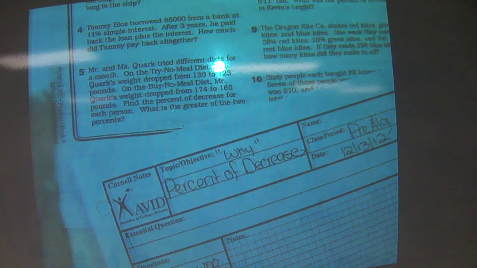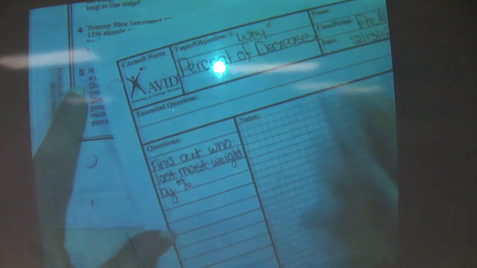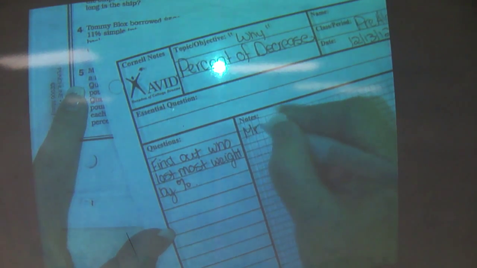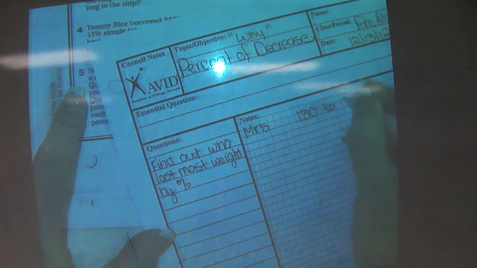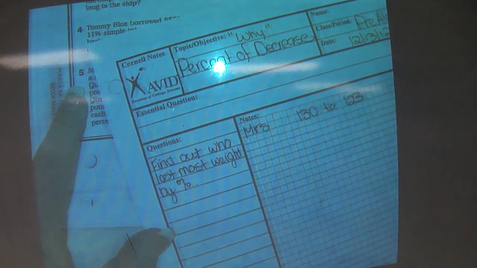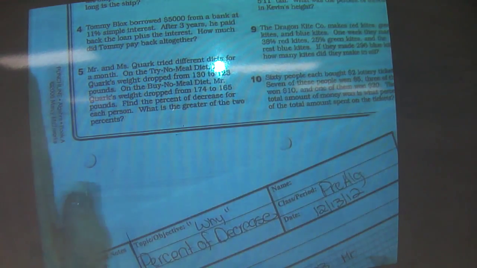Okay, so what they said was Mrs. Quark went from 130 to 123. Mr. Quark went from 174 to 165.